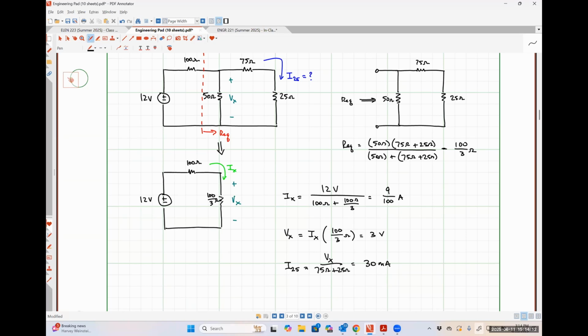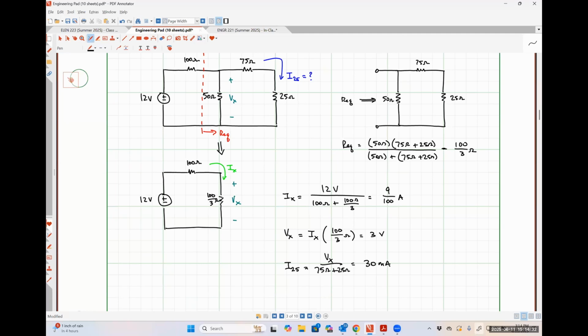So this circuit would be a lot harder to analyze, or it would involve a lot more steps if we just threw KCL, KVL, and Ohm's law at the original circuit and tried to figure stuff out.